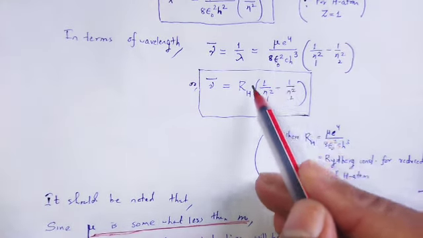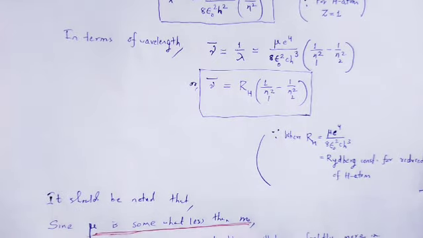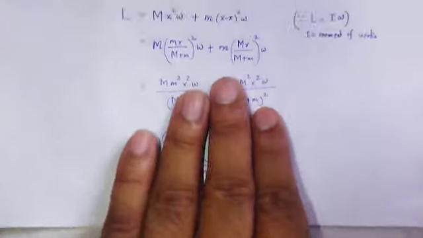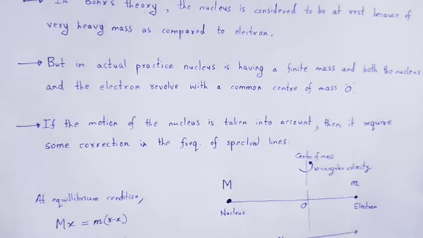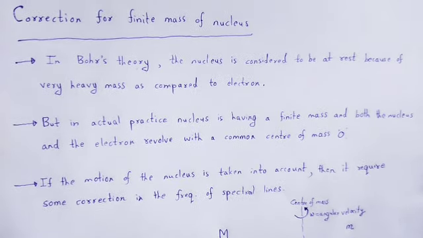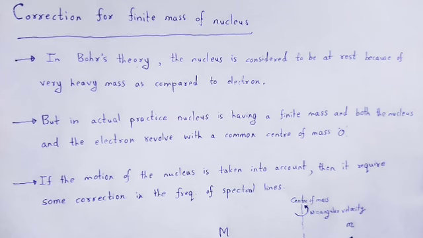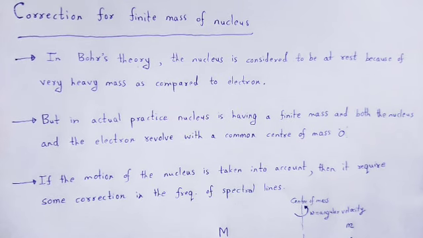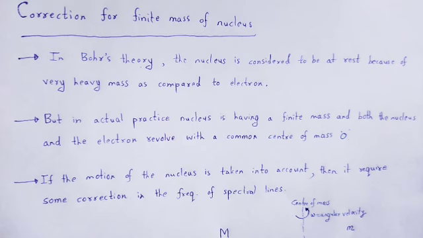from this particular expression. So, here with the help of this video lecture we understand the concept of correction for finite mass of the nucleus, as Bohr's postulates regarding atomic model suggested that the mass of nucleus is infinite as comparison to that of mass of an electron.